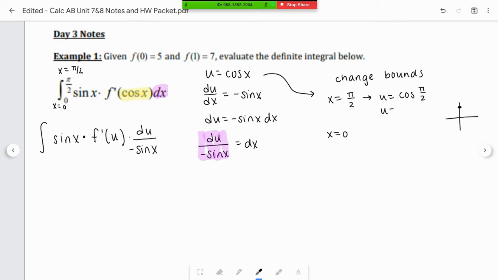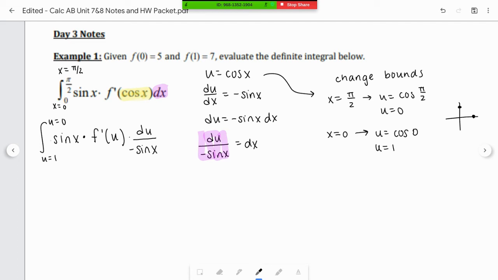So that is 0. And then if x is 0, u would be equal to the cosine of 0, which is 1. Over here on our unit circle, the x coordinate is 1. So changing my bounds then, this is going to go from u equals 1 to u equals 0.